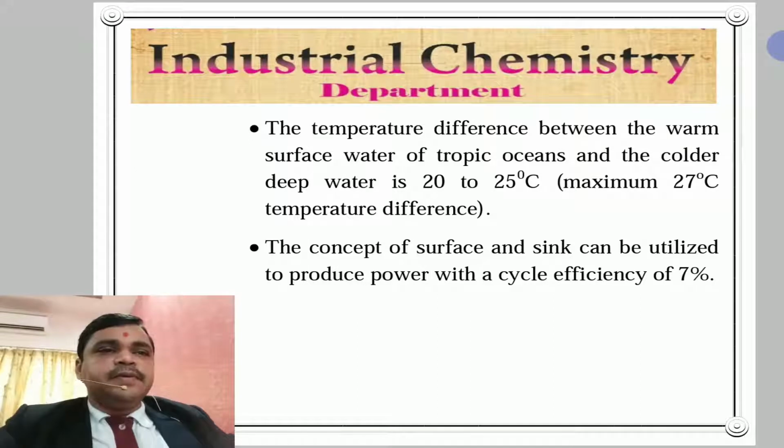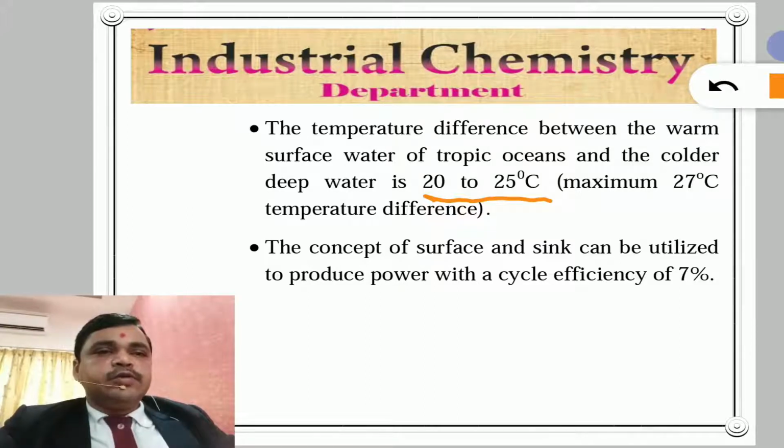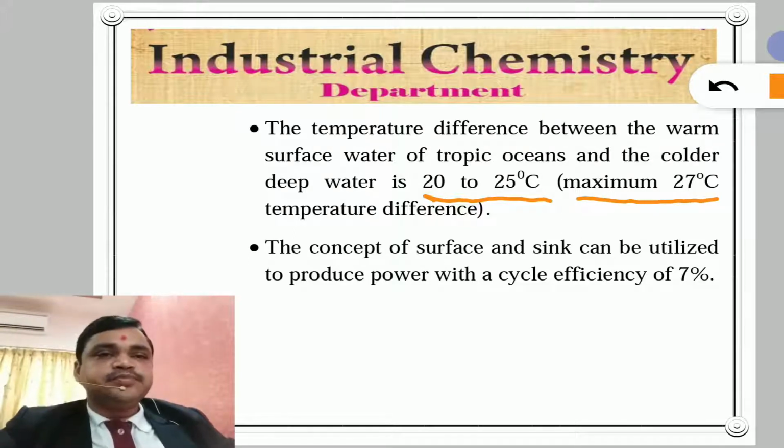The temperature difference between the warm surface water of the tropical ocean and the colder deep water is 20 to 25 degrees Celsius. It is a very important point. It is also measured that the maximum difference is 27 degrees Celsius.